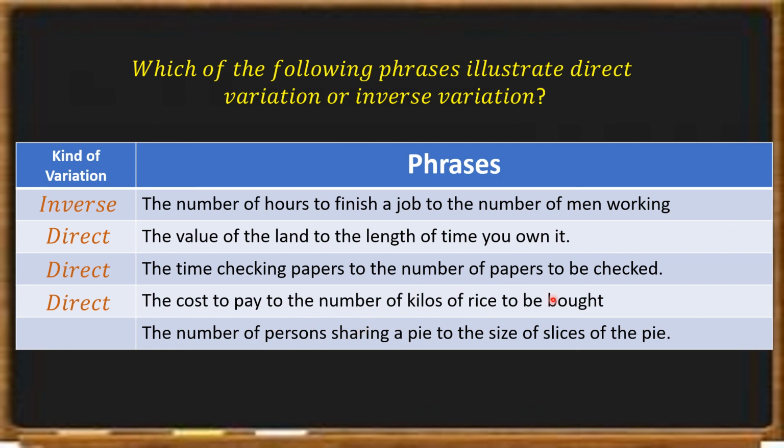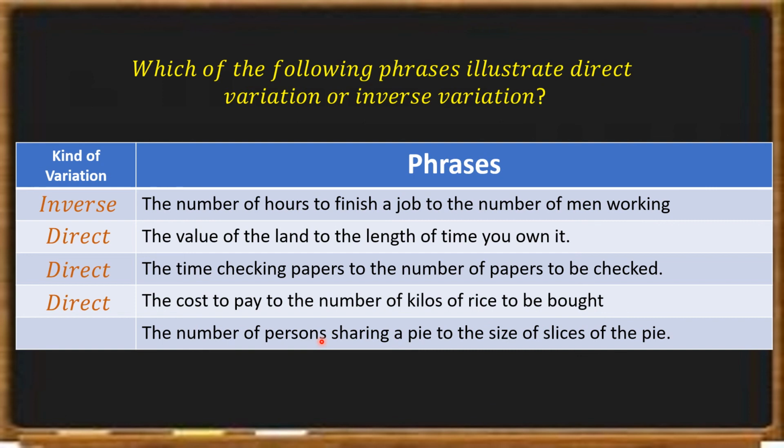Okay? Gawin nating 10, tinaasan mo yung person. Taasan mo tong person na maghahati. Tumaas. Ano mangyayari dun sa size ng slices? Madami kayong maghahati. Siyempre, liliit yung slices kasi hati-hatiin nyo nga, equally divided. So, taasan mo yung person, this is increasing. Ano mangyayari sa size? Decreasing, liliit ng liliit.